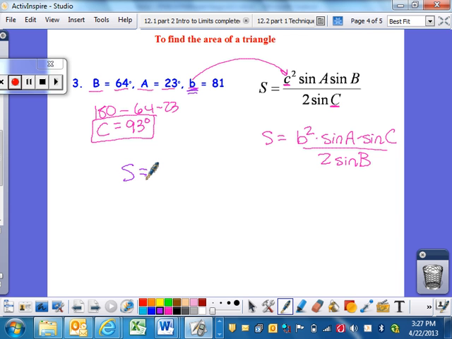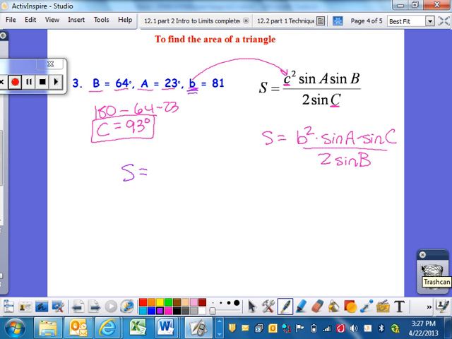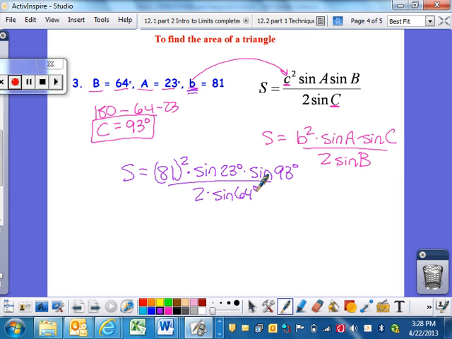So the area equals, all right, 81, because that's our side, squared, times sine of angle A, which is 23 degrees, okay, times sine of angle C, that's the one we just found as 93 degrees, divided by 2 times sine of angle B, which is 64 degrees.